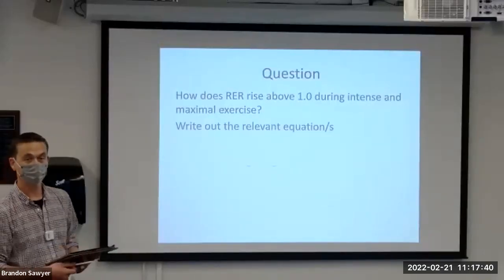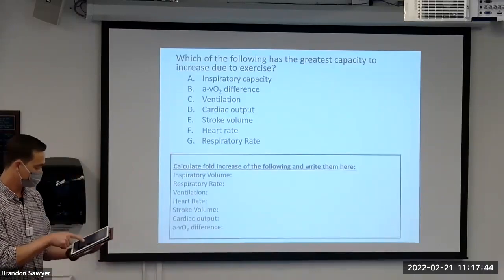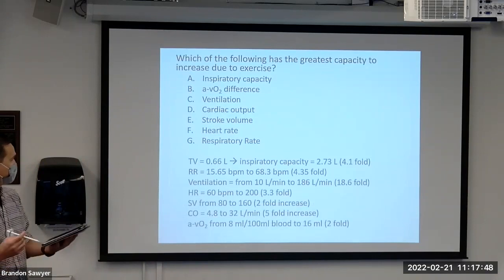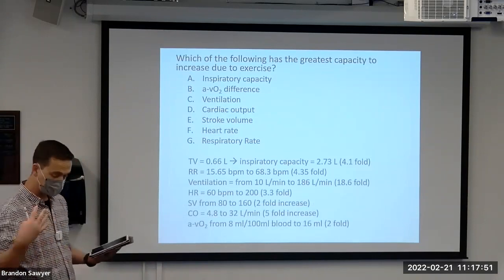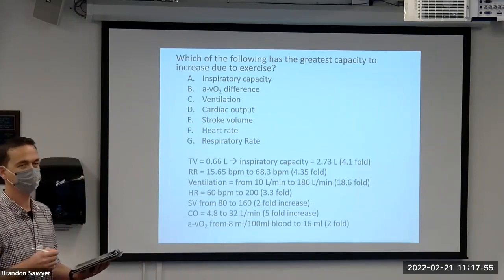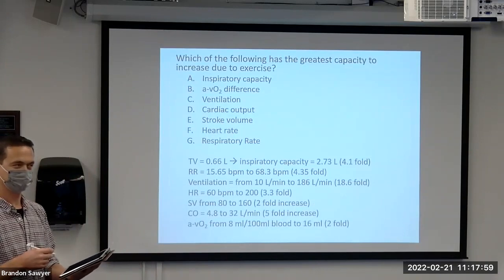Okay. All right. So first of all, any questions about this one that you guys had before we move on? What was the one that increased the most and that we don't really expect to be a limiter of VO2 max? Which one was it? Do you remember? Ventilation. Yeah.